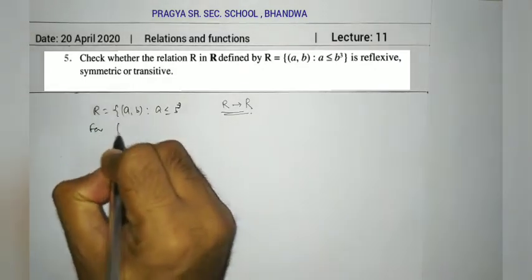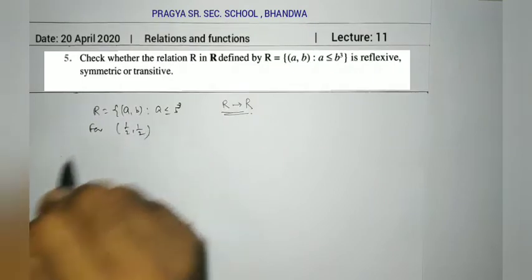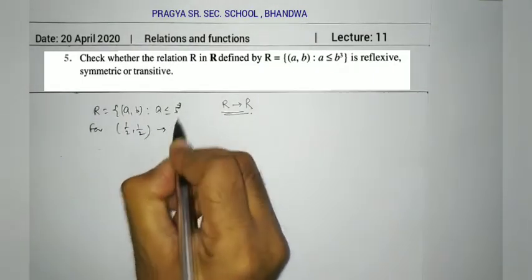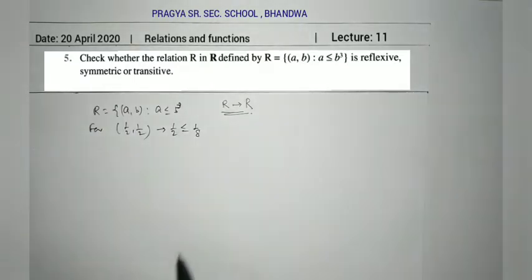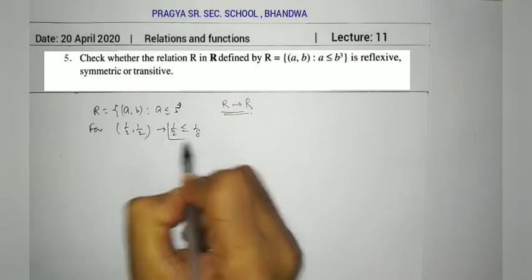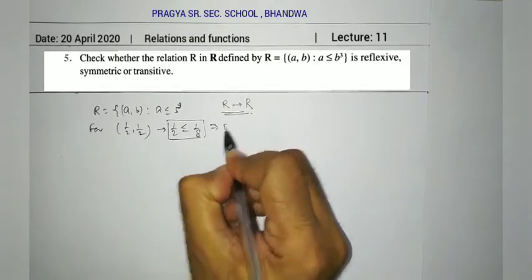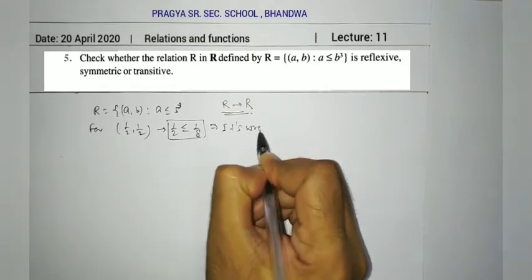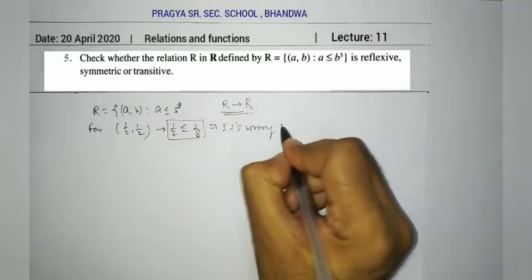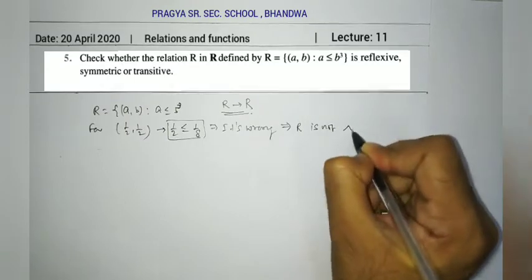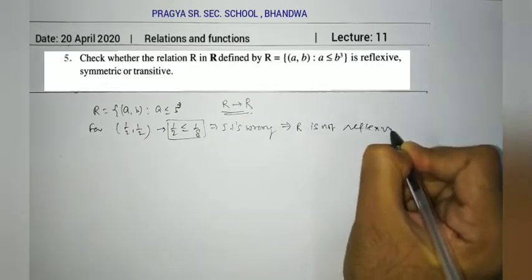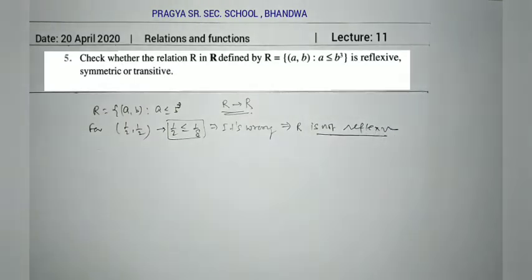Again we will consider (half, half). We can write A less than or equal to B cube: half is less than or equal to 1 upon 8, but we can see very clearly that is wrong. So we can say R is not reflexive. That's the first part; we have checked reflexivity.